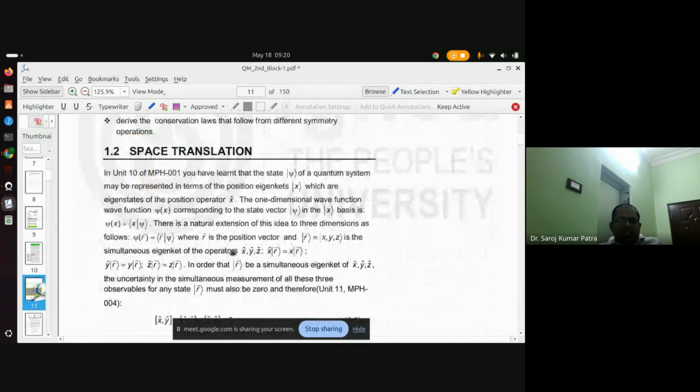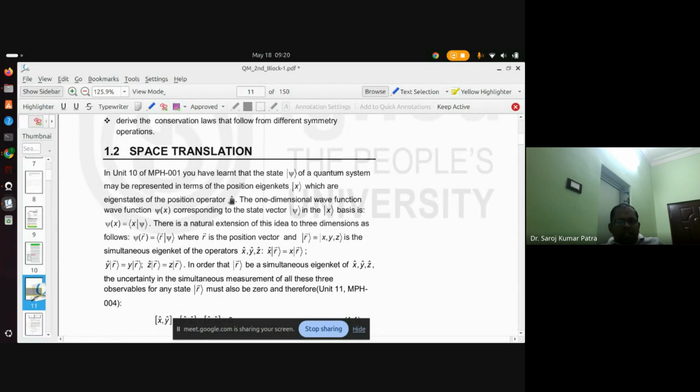So space translation, let us come to space translation. What do we mean by space translation? Basically, we are changing the position. Suppose we are at point r, which is given by three Cartesian coordinates x, y, and z. In quantum mechanics, all physical quantities are represented by an operator.